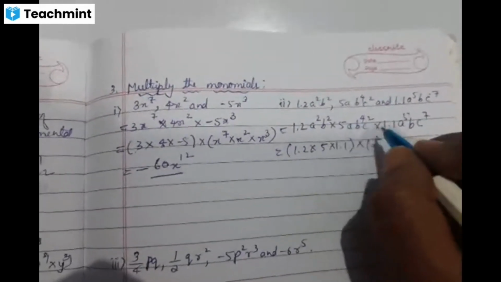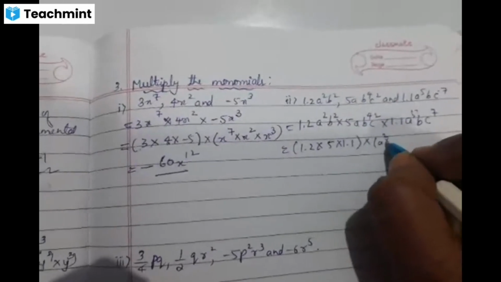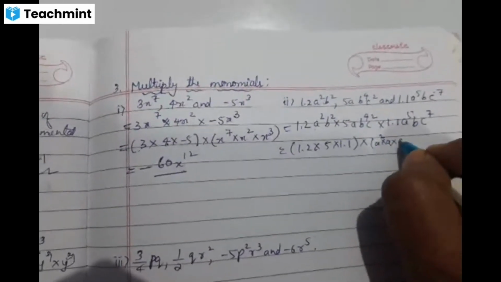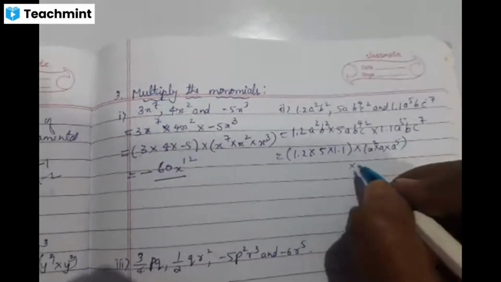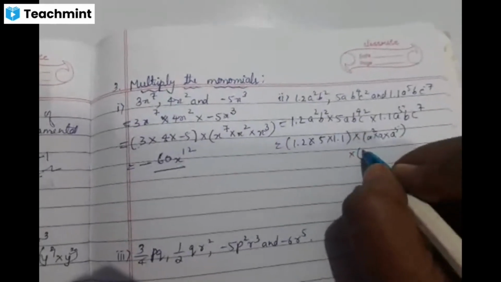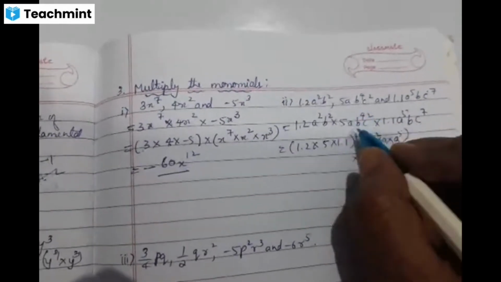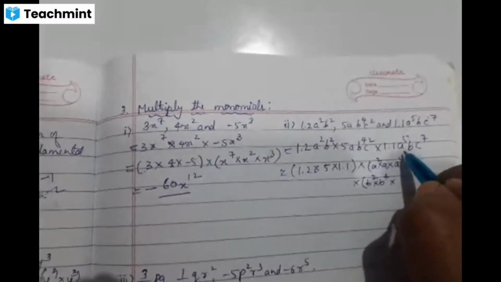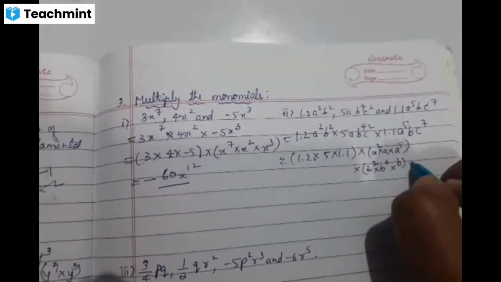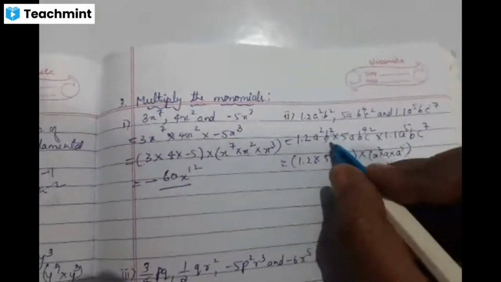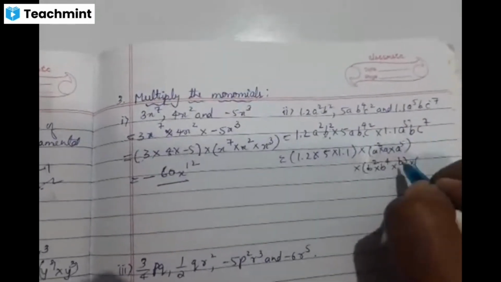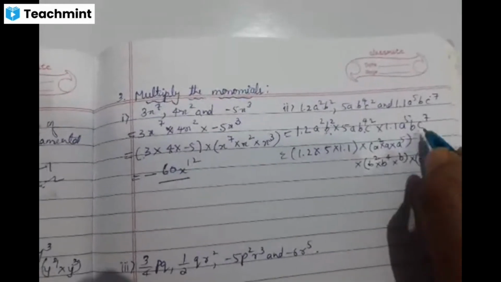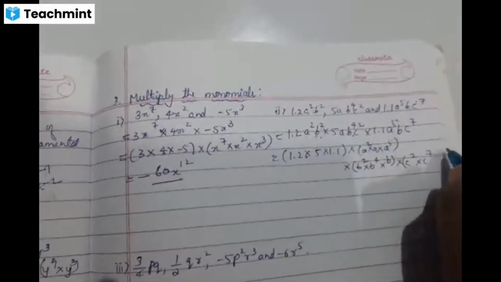A square, here you have only a, here you have a to the power of 5 into b, b square. In this expression you have b to the power of 4 and here you have only b, you don't have any c term here. Here you have c square into c to the power of 7.